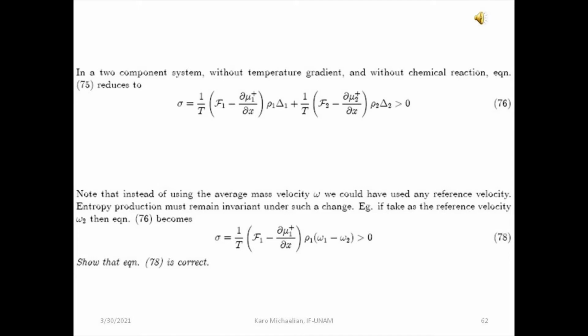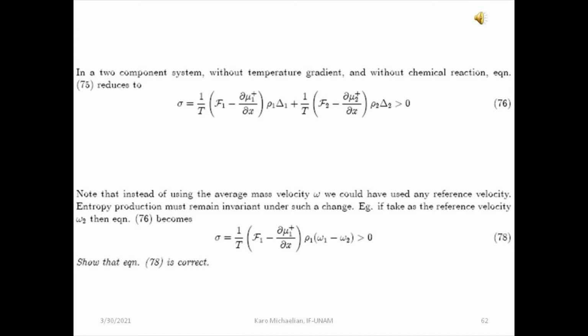So this is the case of only the diffusion of component 1 with respect to component 2 for the case of a continuous system. And we'll see that equation 75 reduces to this simpler equation 76 for the entropy production for that diffusing system with only two components.